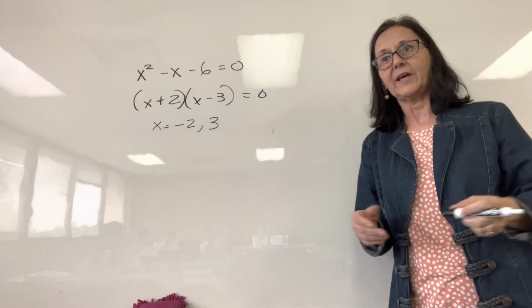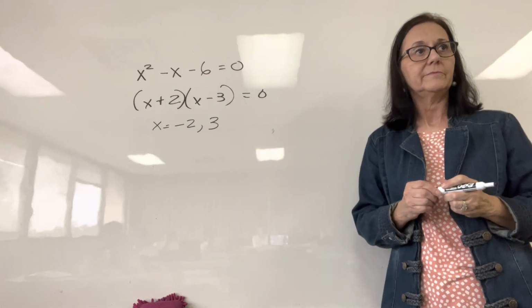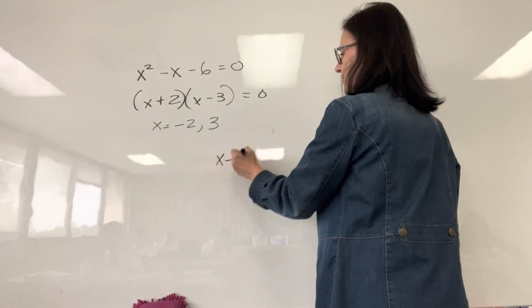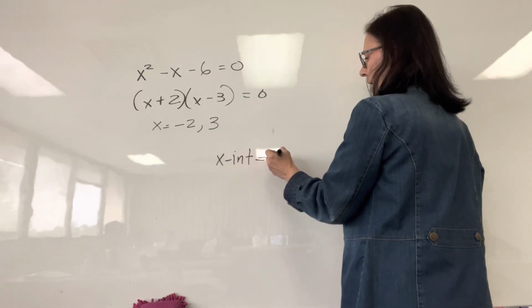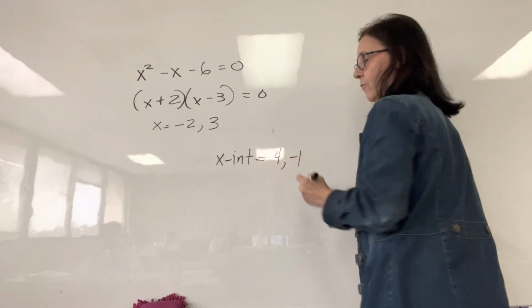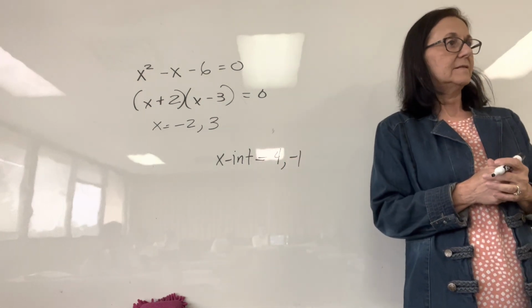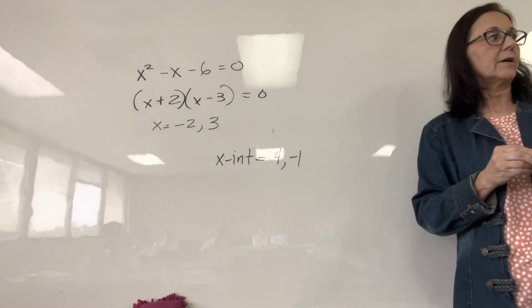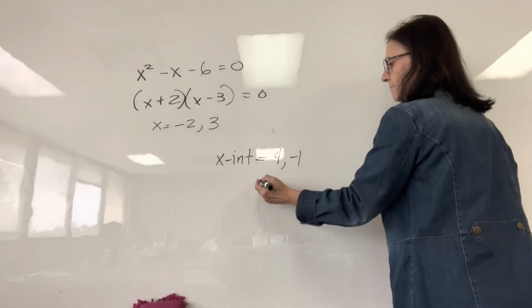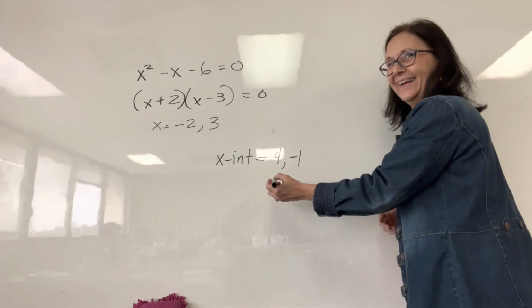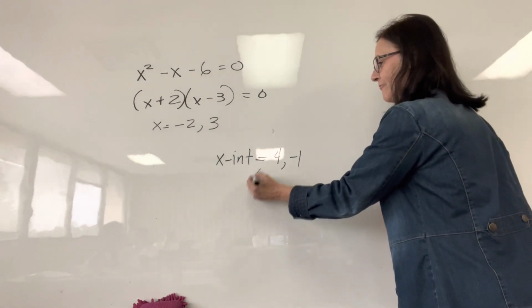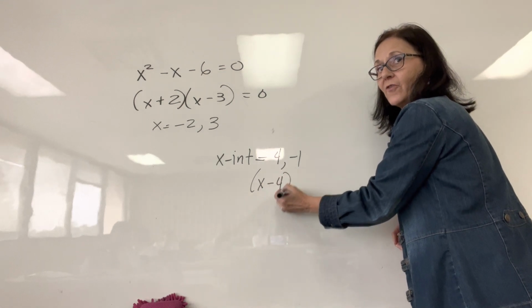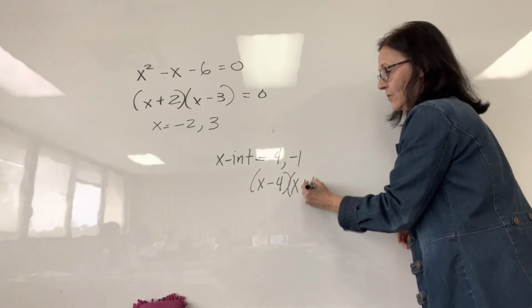So what if I just gave you the x-intercepts? Could you come up with the equation? What if I told you the x-intercepts are 4 and -1? What would the equation be? Where would you start? Your factors would be x minus 4, x plus 1.